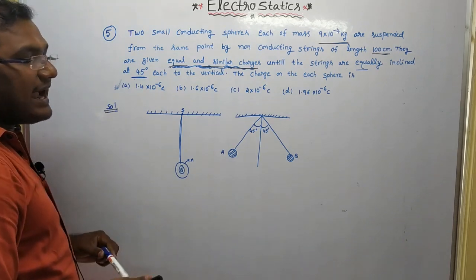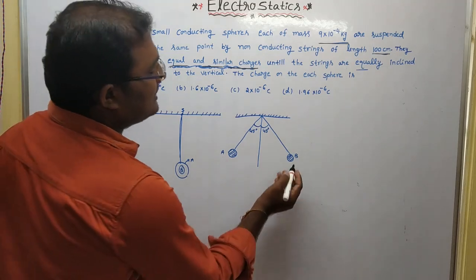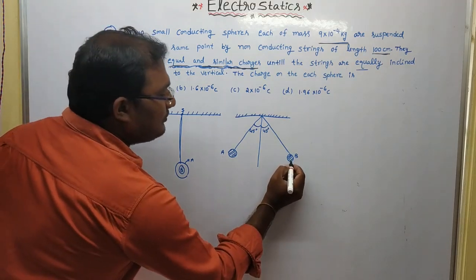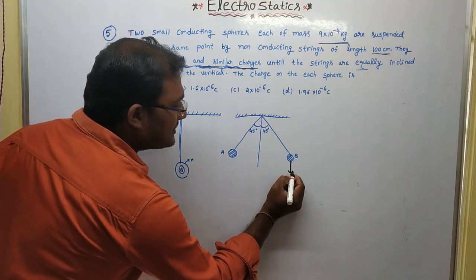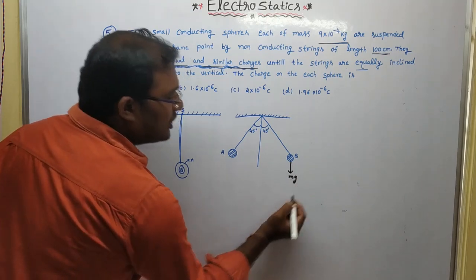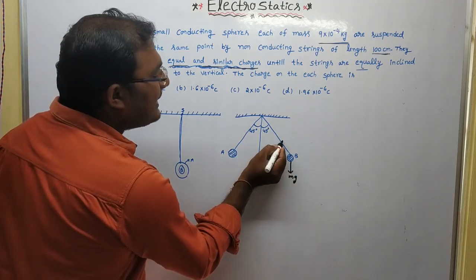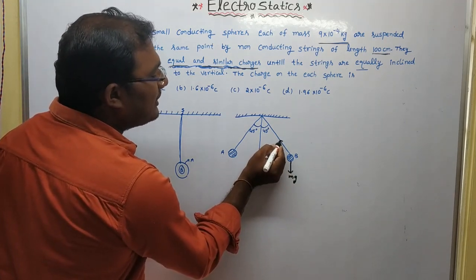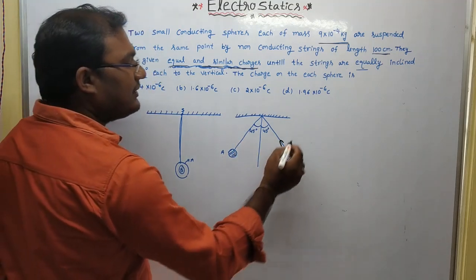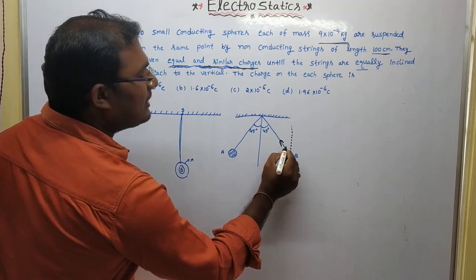The forces acting on the two spheres will be given as follows. The gravitational force, nothing but the weight of the body, mg, acts downwards, and the tension in the string acts along the string. This is the vertical.